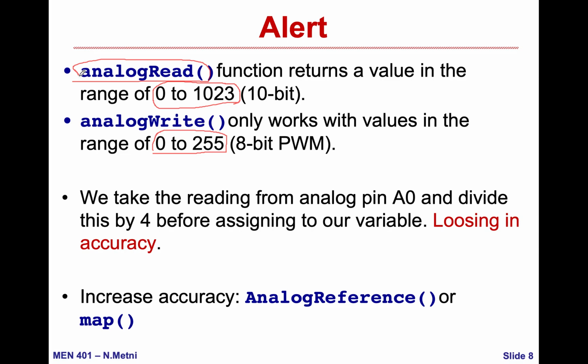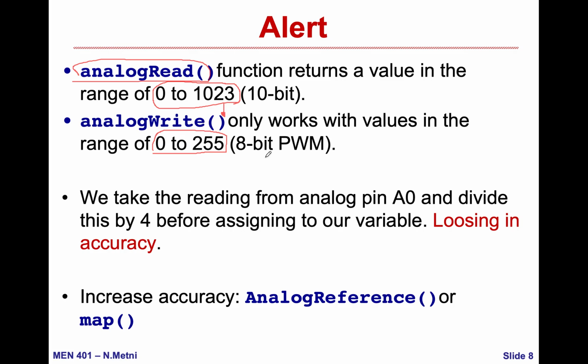So if I want to take this analog read and put it directly in my duty cycle, this cannot be done. It will give me an error, because the duty cycle value will go above 255, which will not be understood by the analog write. One very easy way is to say, great, I can divide by 4.